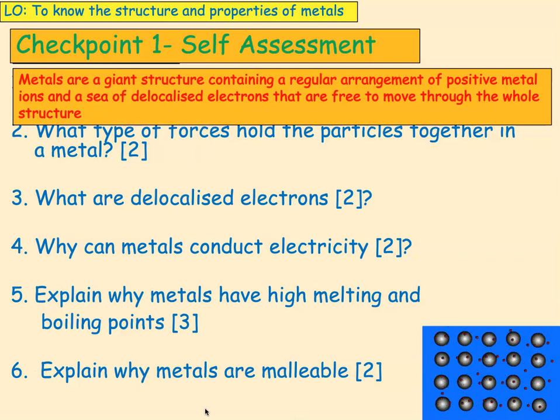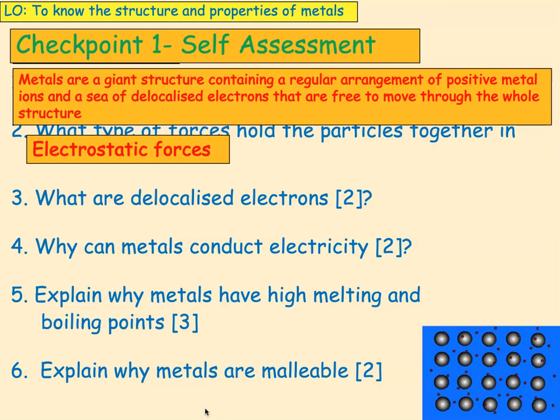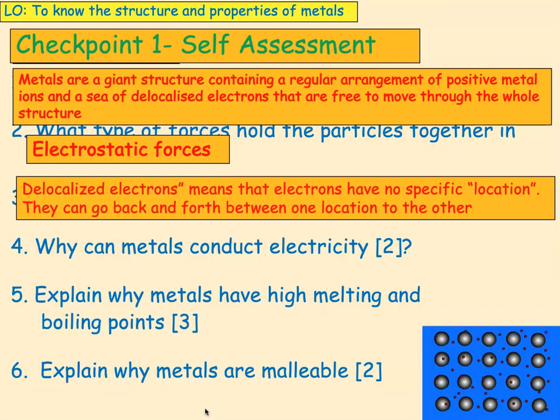What type of forces hold the particles together in a metal? They are electrostatic forces. So it's always electrostatic when you've got positive and negative. What are delocalized electrons? Delocalized electrons mean that electrons have no specific location. They can go backwards and forwards between one location and another.